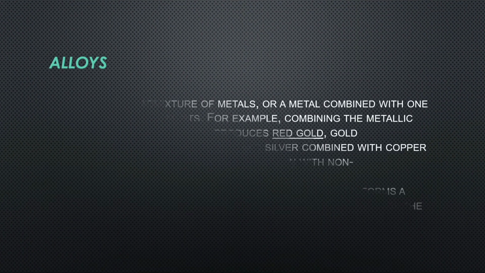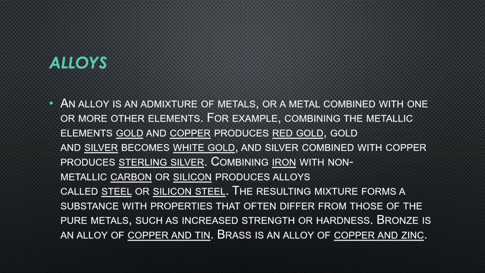So next we have alloys. An alloy is an admixture of metals or a metal combined with one or more other elements. For example, combining the metallic elements gold and copper produces red gold, gold and silver becomes white gold, and silver combined with copper produces sterling silver.